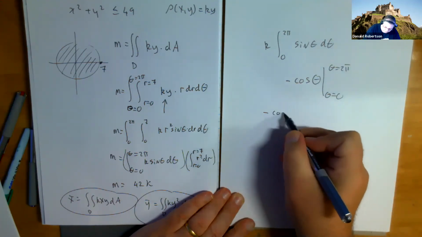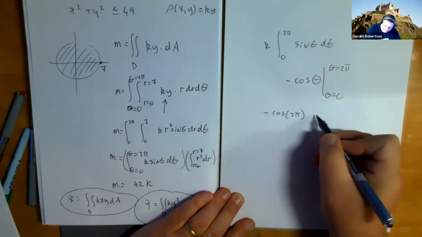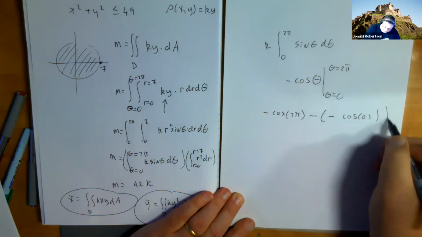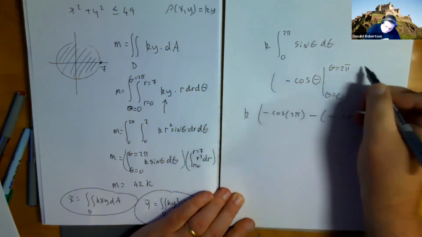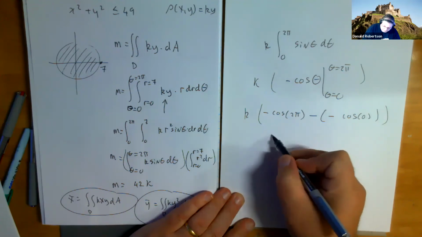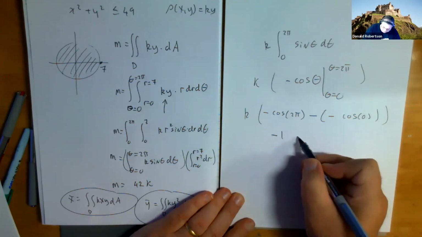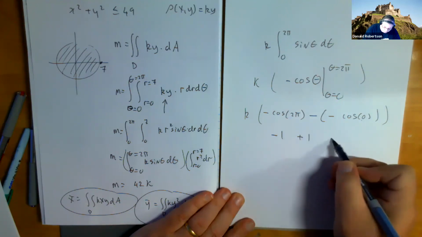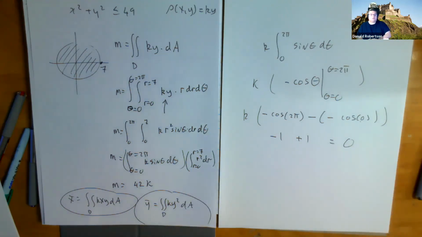So negative the cosine of 2 pi, take away negative the cosine of 0. Cosine of 2 pi is 1, so that's negative 1, take away cosine of 0 is 1, that's negative 1 plus 1. Oh, you get 0.